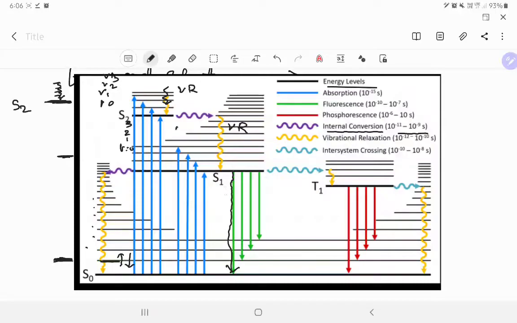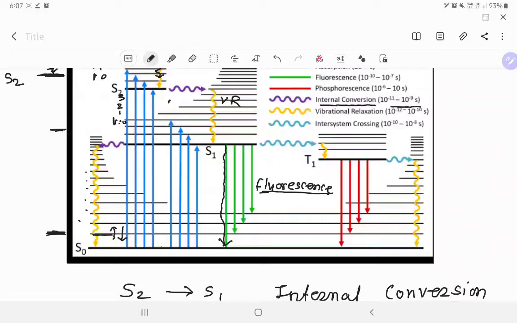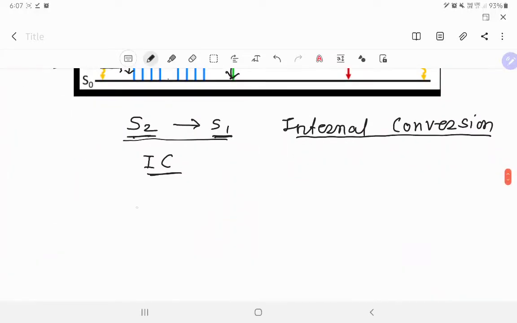This transition is called fluorescence. S2 to S1 is called fluorescence. From a higher singlet state there may be fluorescence from S2 to S0 also, and from S1 to S0.